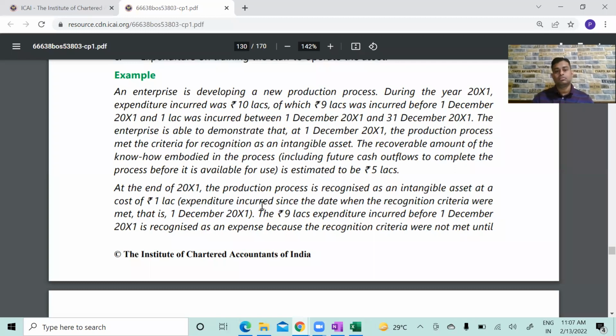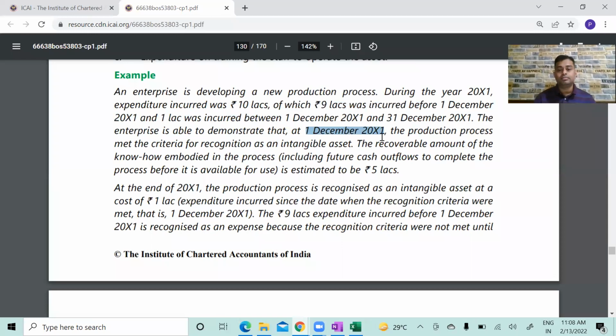Tell me, how much have you spent in total on the production process? 10 lakhs, of which 9 lakhs is before 1st December and 1 lakh is after 1st December. 1st December is the date when you demonstrated that the research is successful. That means 9 lakhs is research cost and 1 lakh is development cost. So what will you do with 9 lakhs?